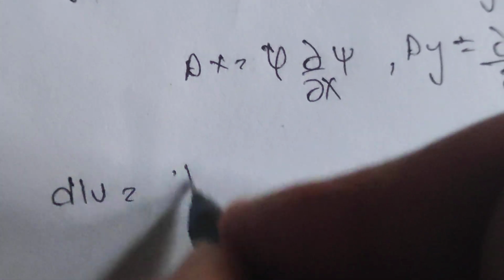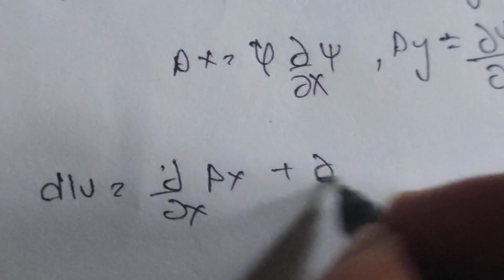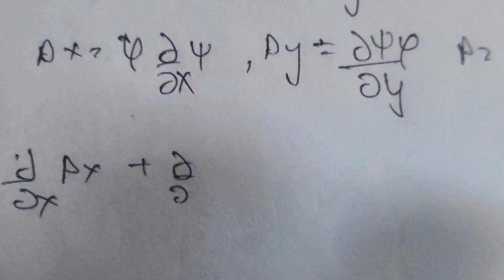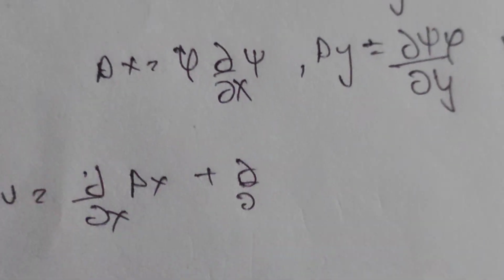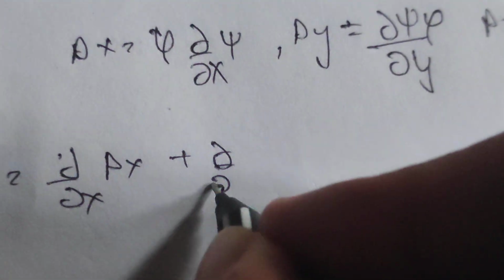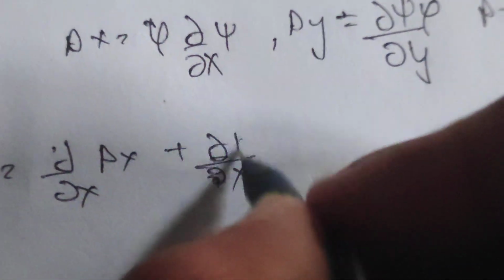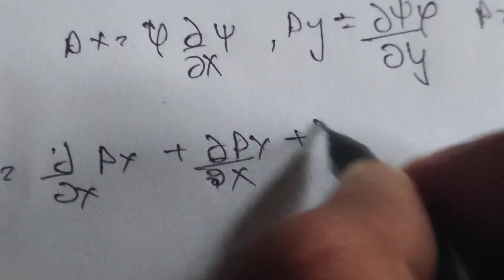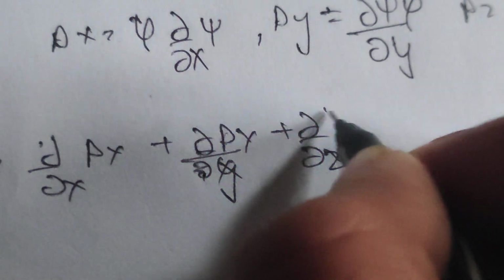It is the partial derivative of Ax with respect to x plus the partial derivative of Ay with respect to y plus the partial derivative of Az with respect to z. We talked about this in previous classes.